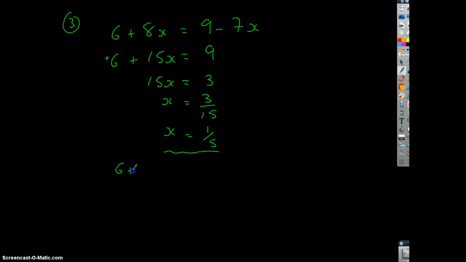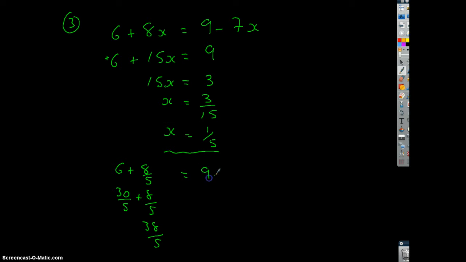Okay, so 6 plus 8 times 1/5, which is 8/5. Okay, when we're adding fractions, we need to have a common denominator, so we're going to change that to 30 over 5 plus 8 over 5, and that gives us 38 over 5. We'll just leave it like that, because we're just going to try to show that the right hand side is equal to the same thing.